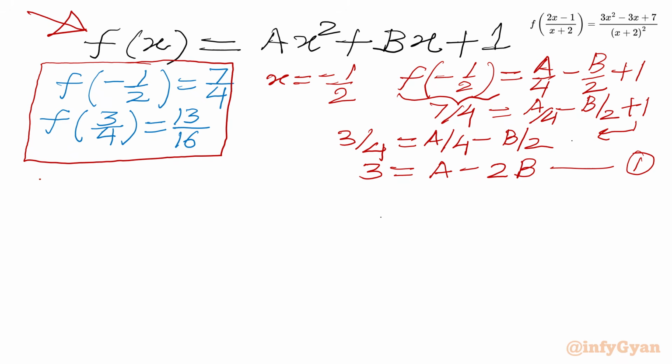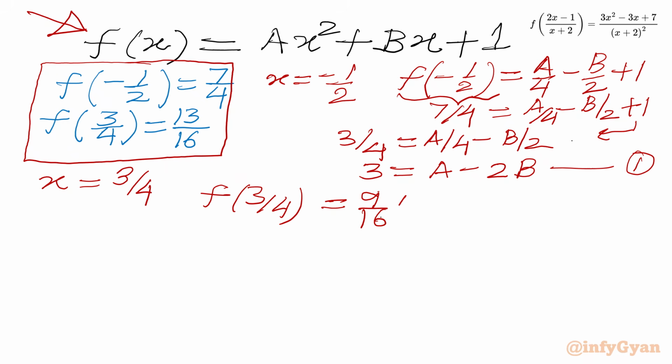Now we will use x equal to 3 over 4 in our equation. Let's plug in. We will get f of 3 over 4, which is 13 over 16, equal to a times 3 over 4 whole square. This is 9 over 16a plus 3b over 4 plus 1. We'll take this 1 to the LHS.